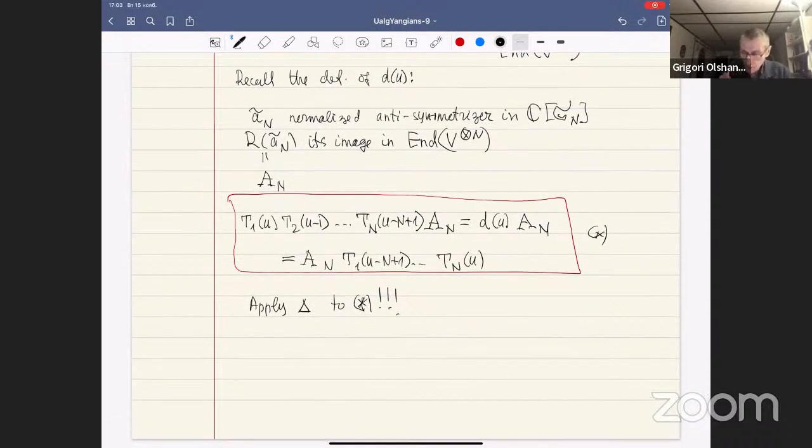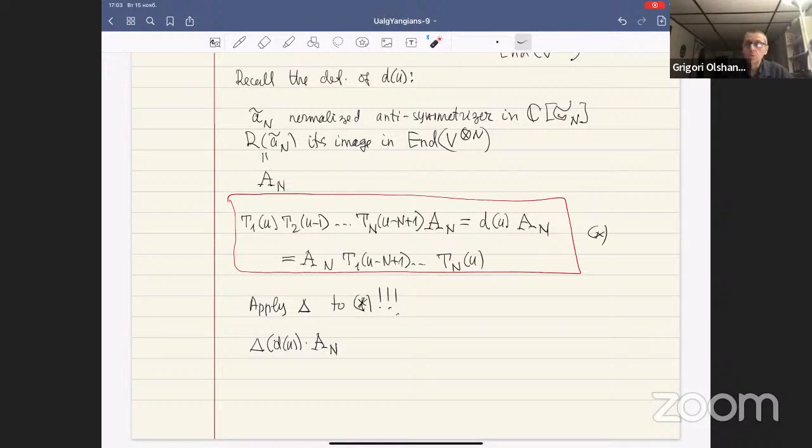Okay, so we apply the co-multiplication to this and show what we get. So by the very definition, we get this, because the co-multiplication does not affect this object.